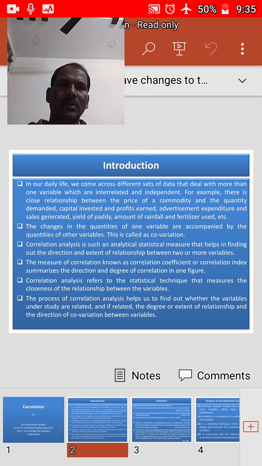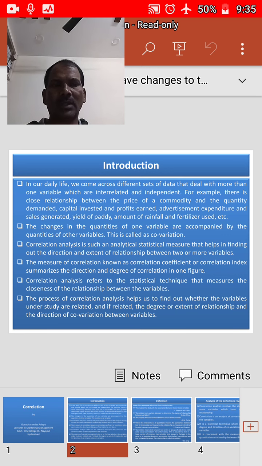Further, the changes in the quantity of one variable are accompanied by changes in the quantities of other variables, and this is referred to as covariation. Quantification of such interrelations and covariation between different sets of data necessitates the use of analytical statistics.